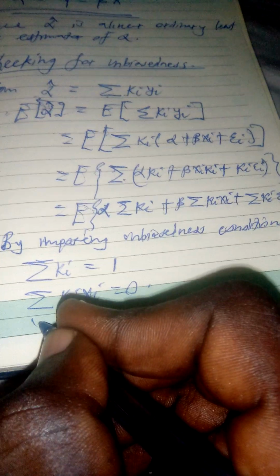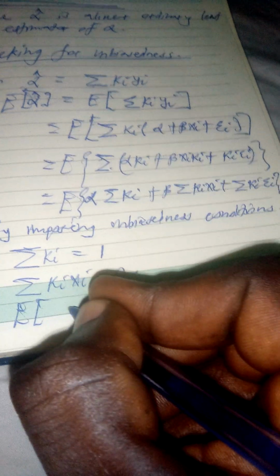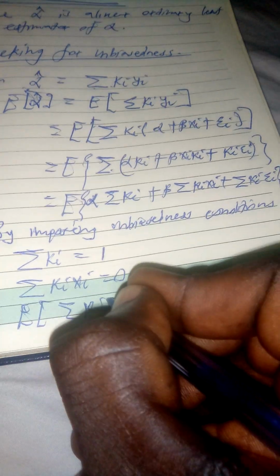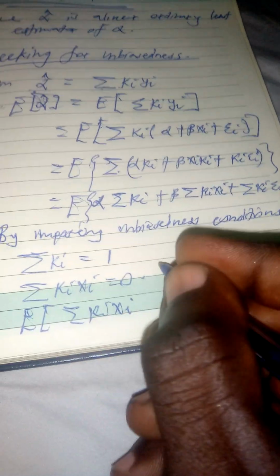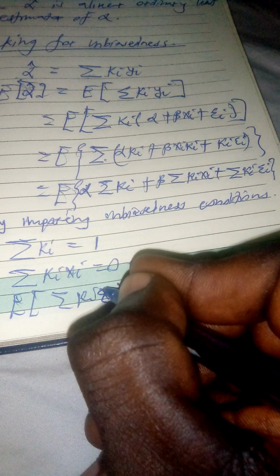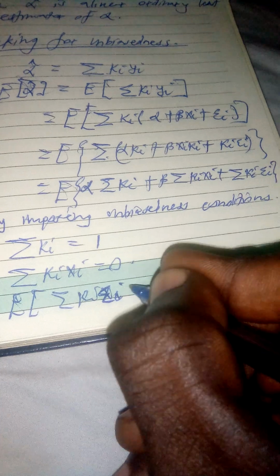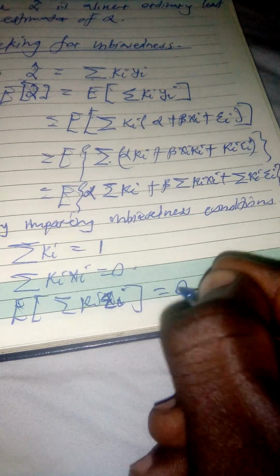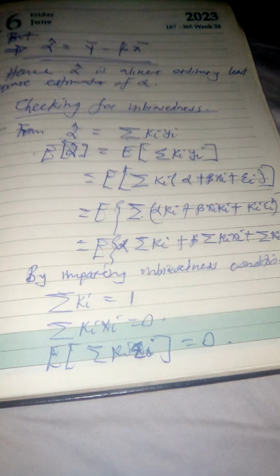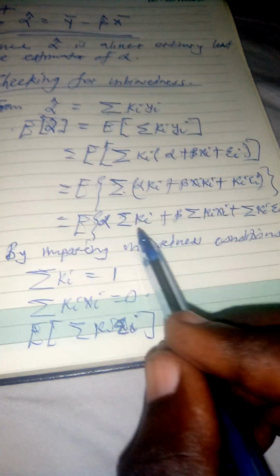So the expectation of the sum of ki error term i will also give us 0.